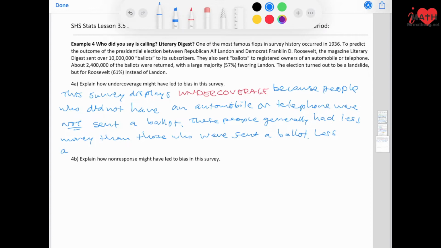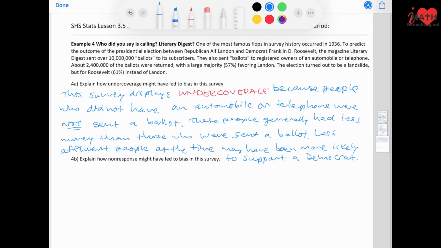Less affluent or rich people at the time may have been more likely to support, so not rich, less affluent, poor people at that time may have been more likely to vote for or support a Democrat.